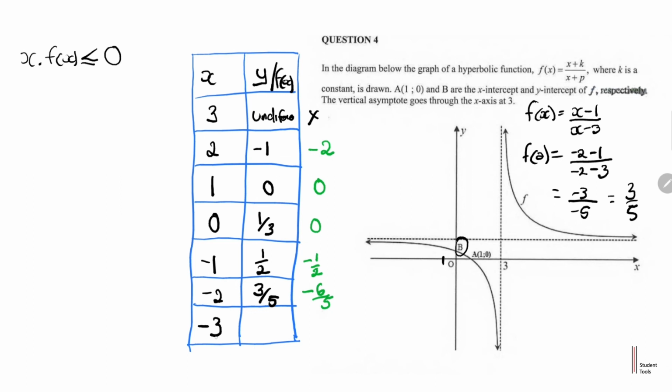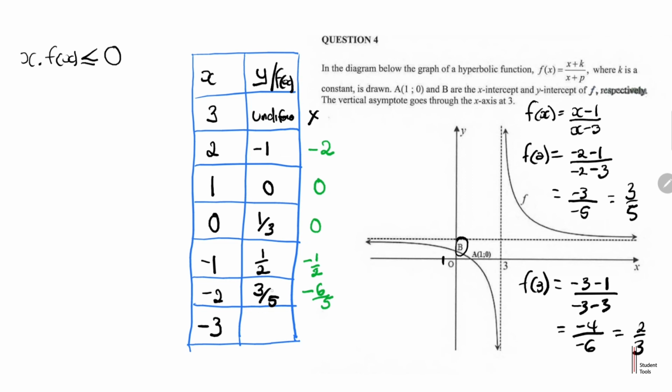And then next we want f of negative 3. f of negative 3 will be equal to negative 3 minus 1 over negative 3 minus 3. So this is equal to negative 3 minus 1, that is negative 4, over negative 3 minus 3, that's negative 6. So this is equal to 2 over 3.